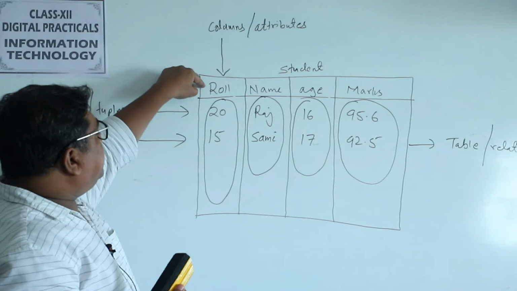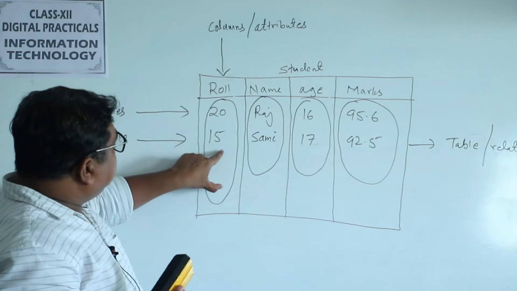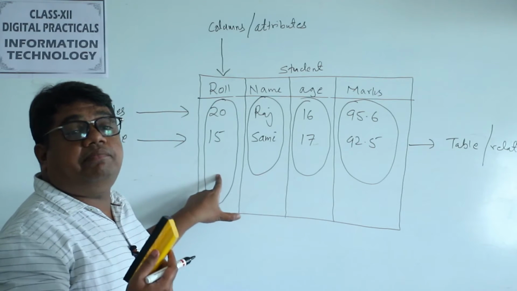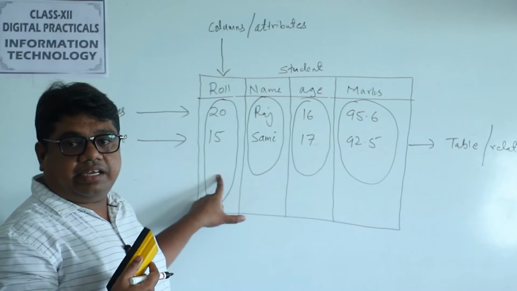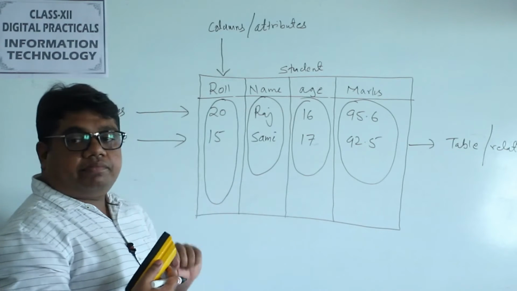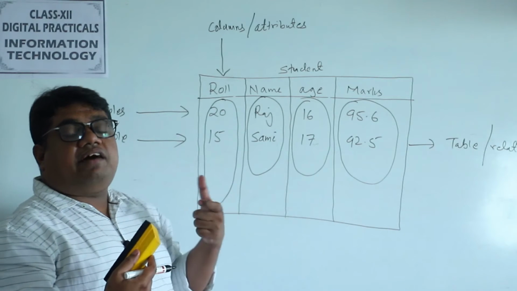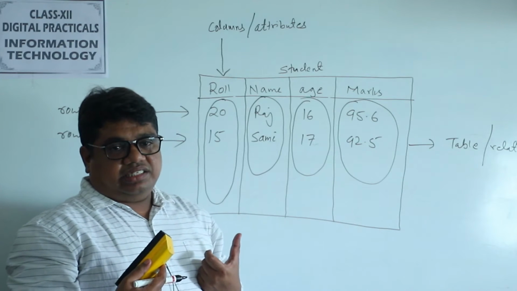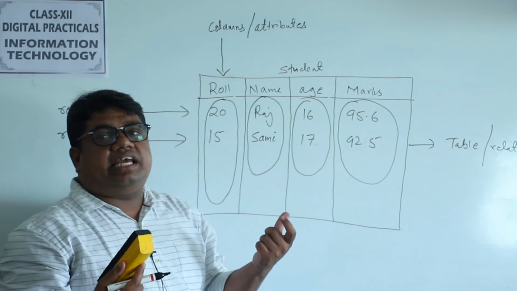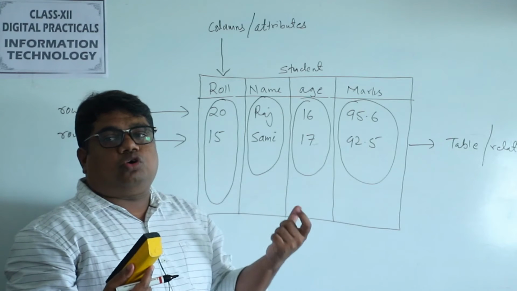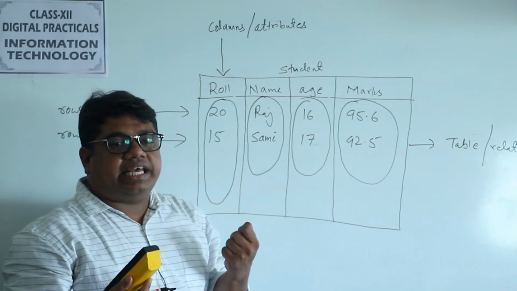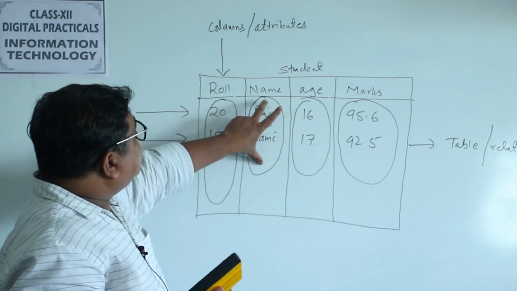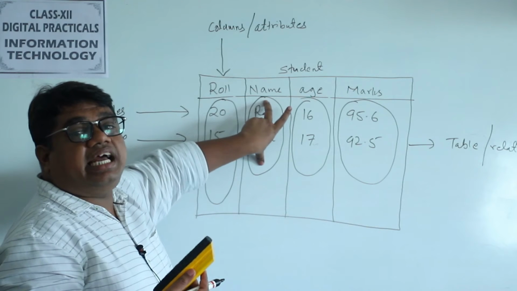Roll number, every value in this column will be of integer data type. Name, in Java we used to have this data type as string. Here also we have the same data type to store names or place names. Okay.